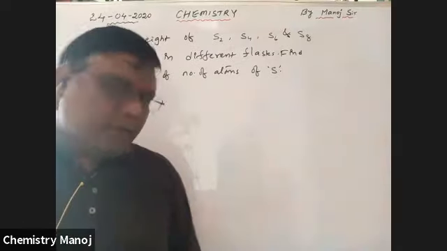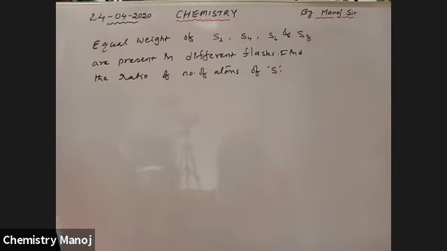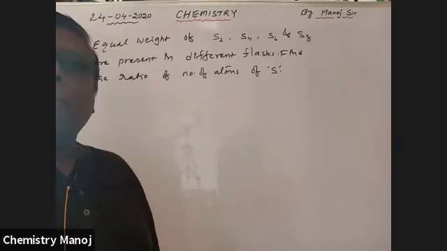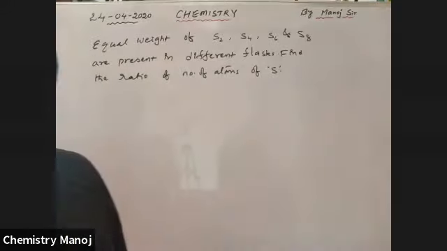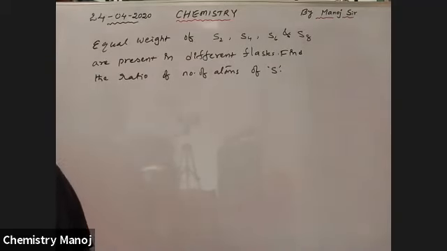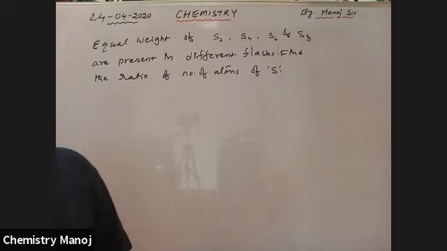Wrong. Who gave that 1:1:1:1? Who is that? 1:1:1:1. Pravish, good, correct.